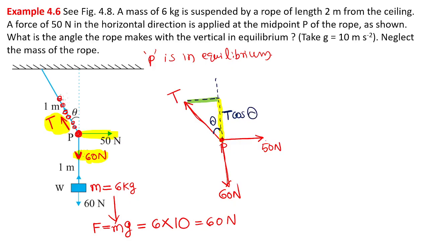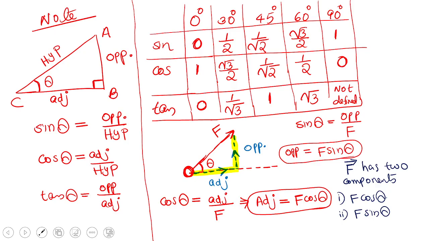T has a component or part, T cos theta, and the green colored one. So the yellow colored one is T cos theta upward, and the green colored one, think about the triangle of addition. The green colored one is the opposite side of theta.